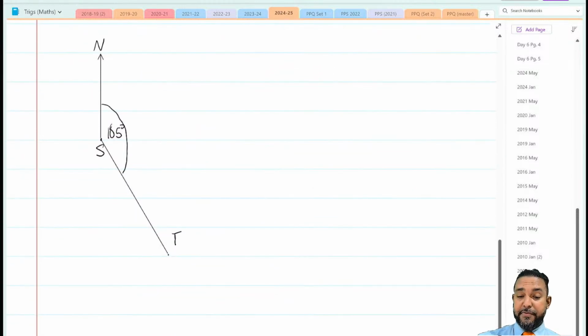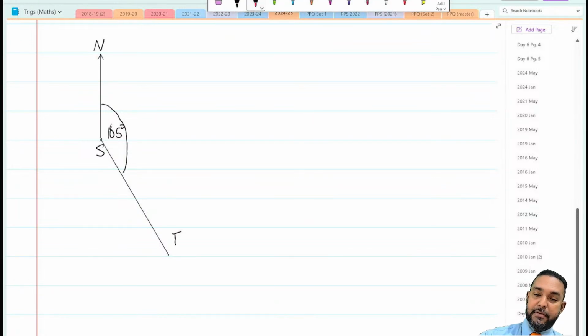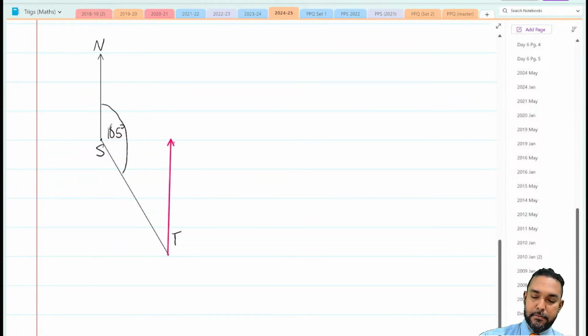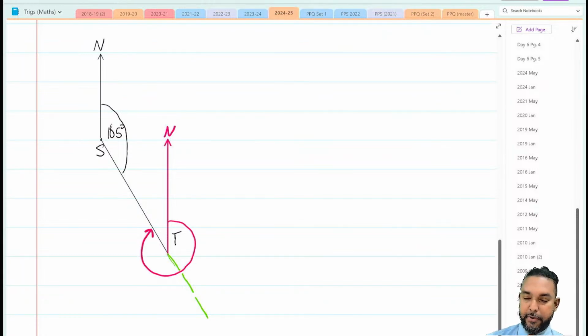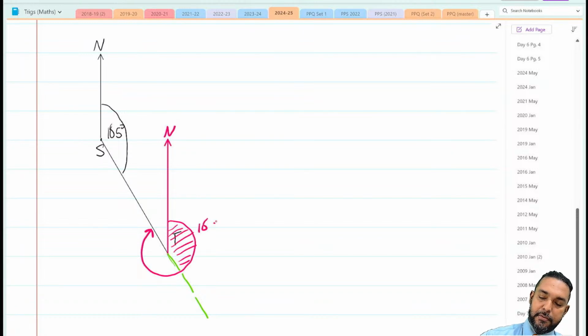So we want the reverse bearing. We want S from T. So we put in a north line at T now, and we extend the line connecting S and T. The angle we want is the clockwise angle. What we're seeing here is that this angle is the F angle corresponding to the 165, and this one down here is 180.